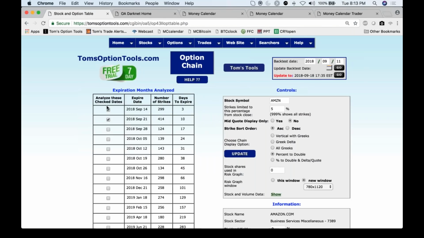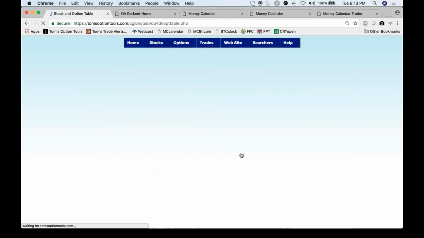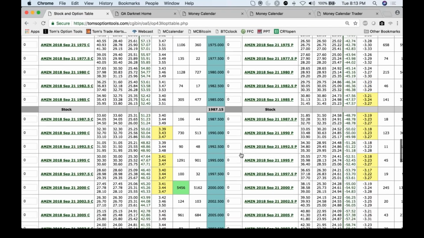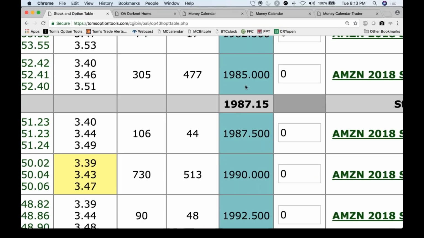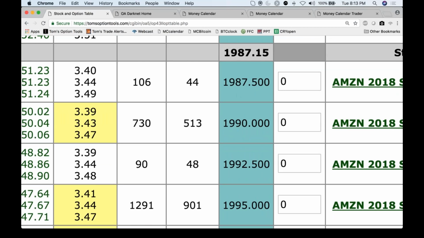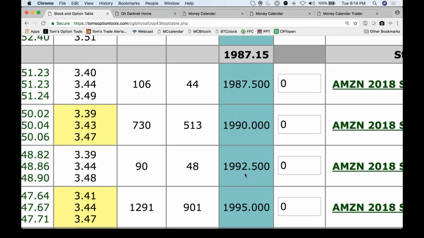And we looked at, and I think I used the September 21 options as an example. And we were looking at Amazon, and Amazon was trading. Here's the stock price, $1,987.15. All right, and we looked at the 1987 half, 1997 half spread.